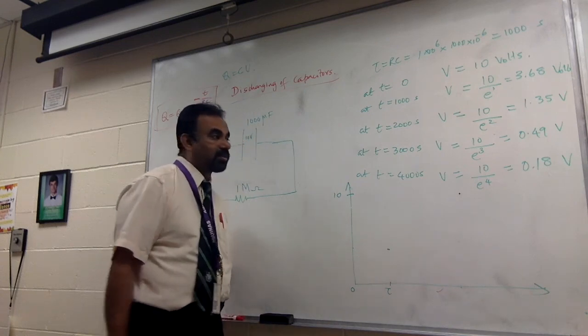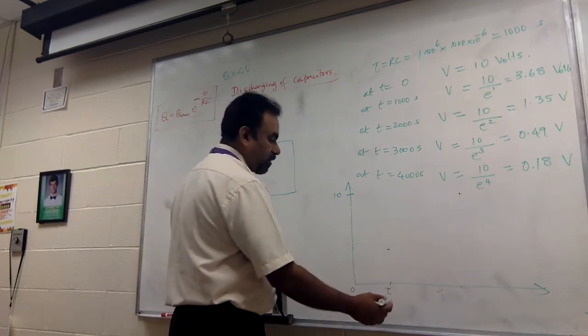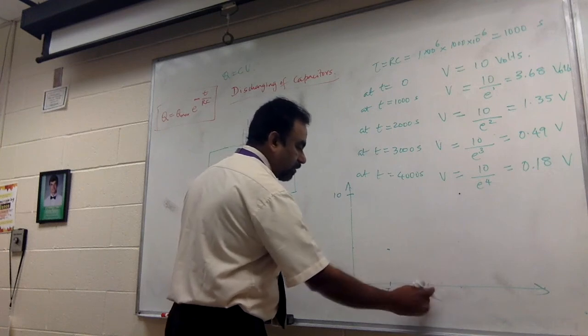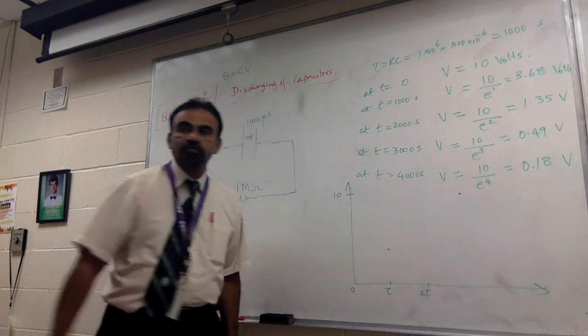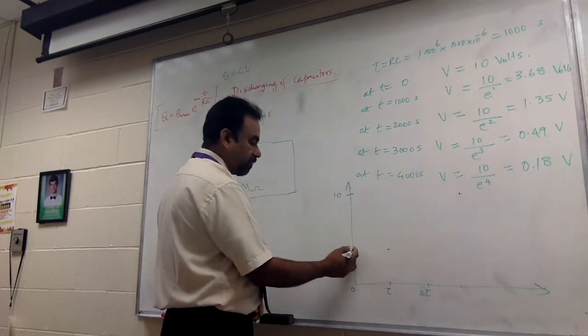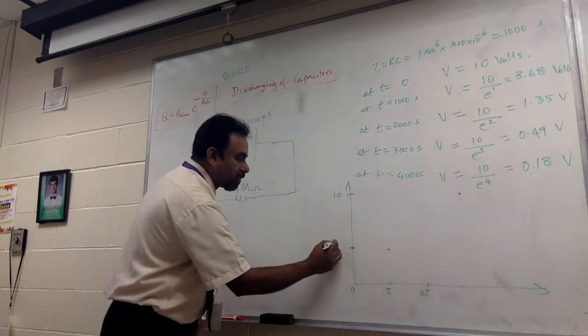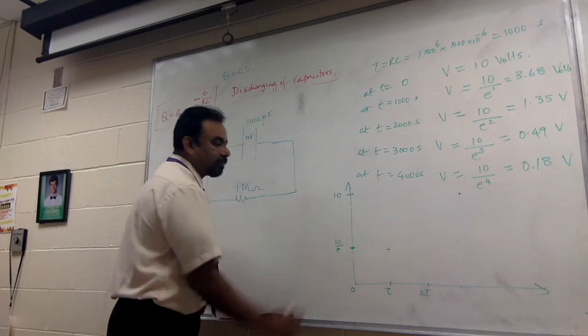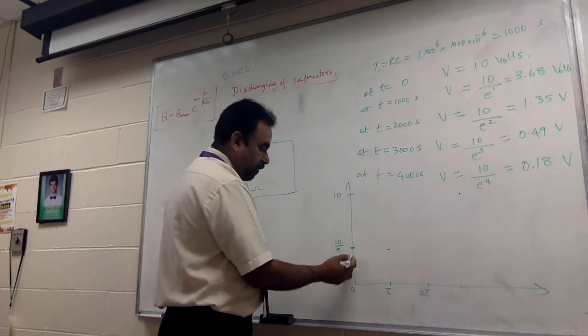That's after one time constant. After two time constants, the voltage comes down to 1.35. So this actually is 10 over e, and then after that it becomes 1.35.